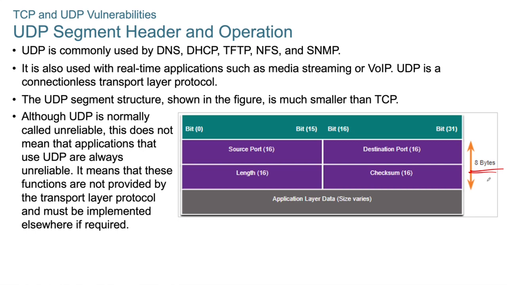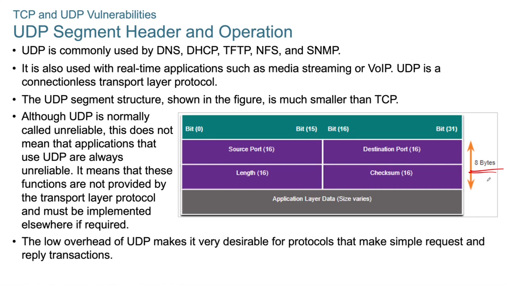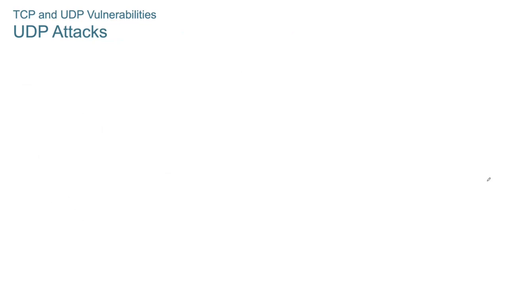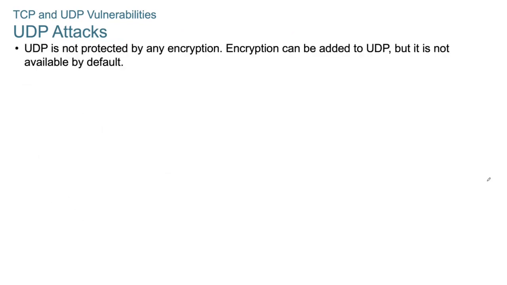So what are the weaknesses, the vulnerabilities of UDP? We'll see those vulnerabilities. There is the UDP flooding attack, because as we said, it is a connectionless service. UDP is not protected by any encryption.